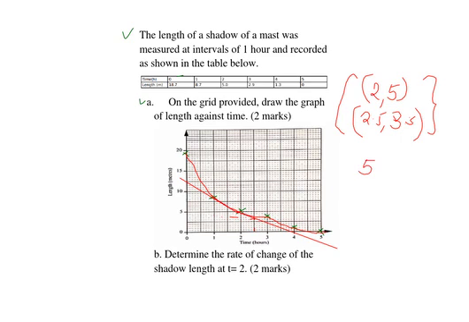We have 5 minus 3.5, that is change in y, over change in x, which is 2 minus 2.5. 5 minus 3.5 is 1.5, divided by 2 minus 2.5, which is negative 0.5. So 1.5 divided by negative 0.5 will give us negative 3 meters per hour.